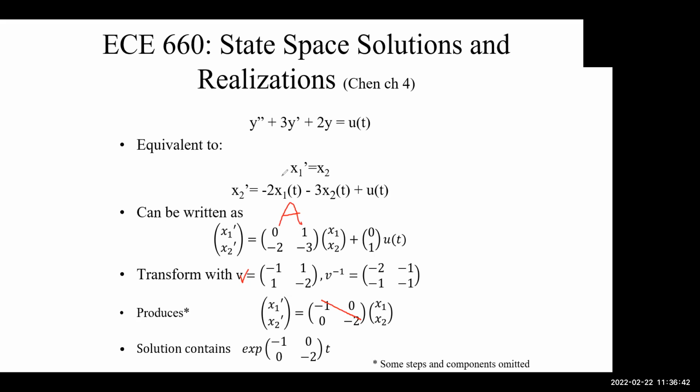And the solution to this differential equation is going to be e^(-t) and e^(-2t) with some coefficients out in front of it. Which, if you think back to your introductory differential equations, you did a characteristic equation, you solved that polynomial, you found roots.